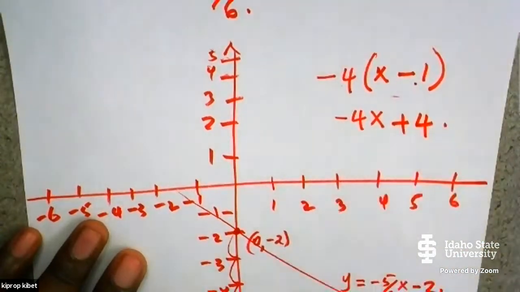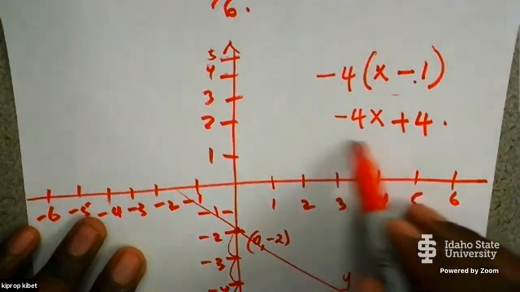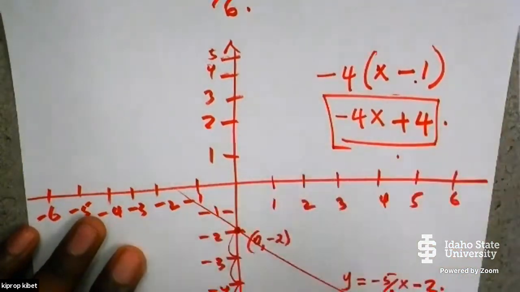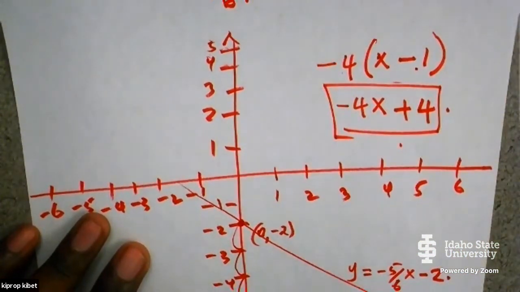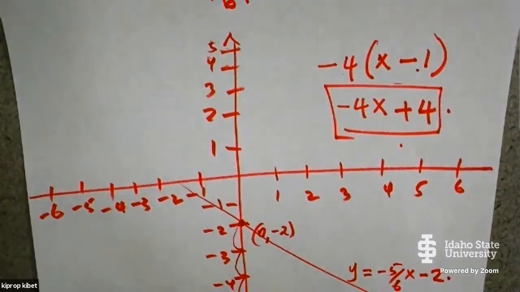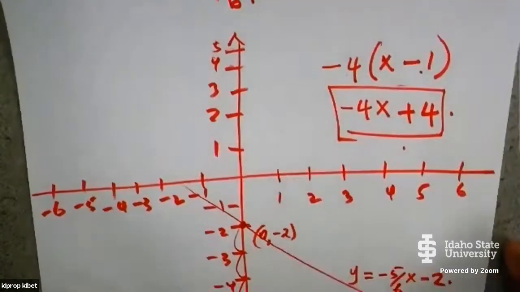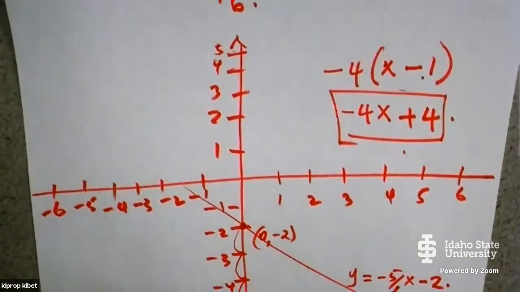Plus 4. So there was a mistake there. If you make a very simple mistake, especially with the sign, you lose 1 mark. If you miss the sign, that is 1 mark. Okay, so are we clear on that? Any question up there?